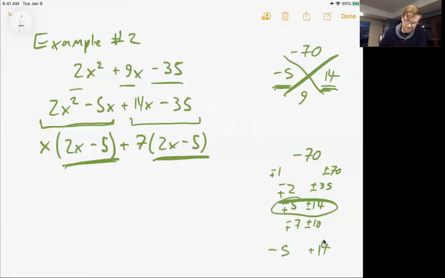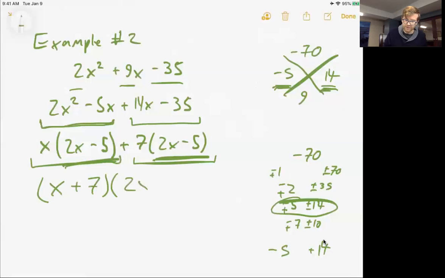So notice then that we got this same thing, 2x minus 5 and 2x minus 5, and that same group is being multiplied by both x and 7, and since it's the same, we can factor it out of each of these two terms. And that would leave us with an x plus 7 multiplied by 2x minus 5.